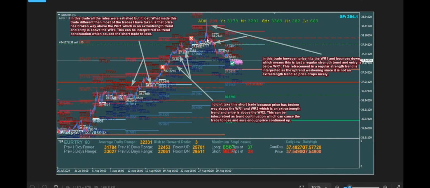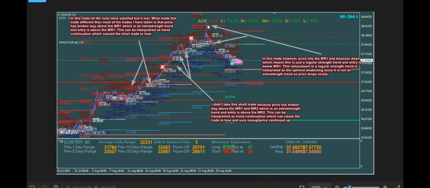The reason why is in this upward move, as well as this upward move, they were both interpreted as extra strength uptrends.